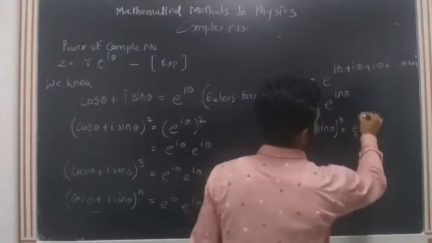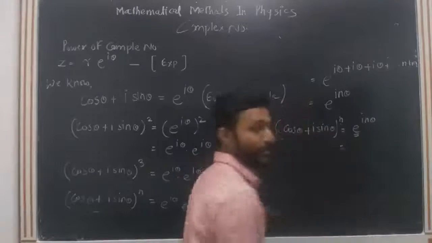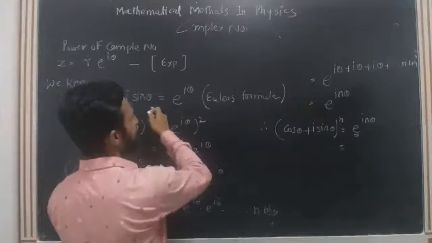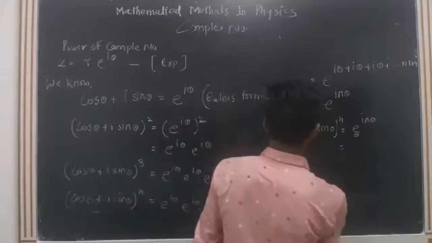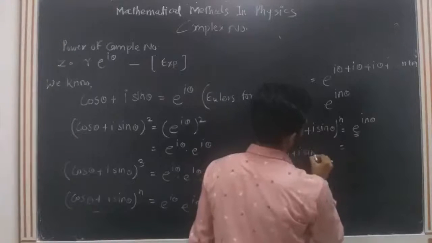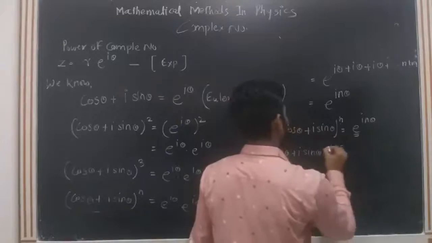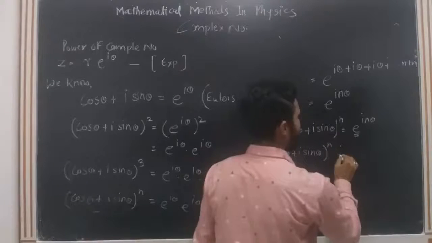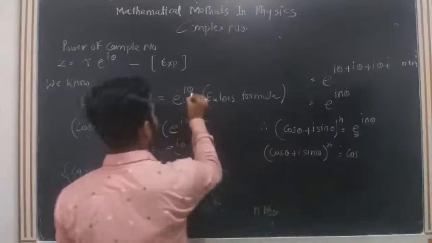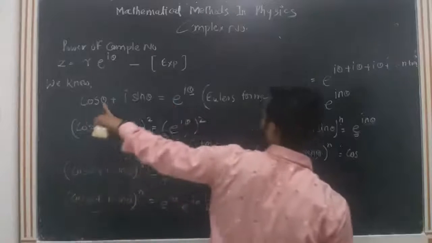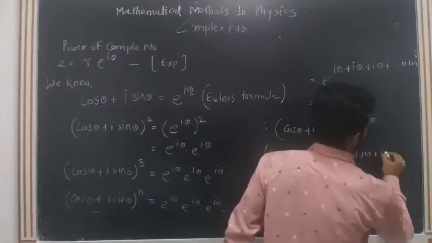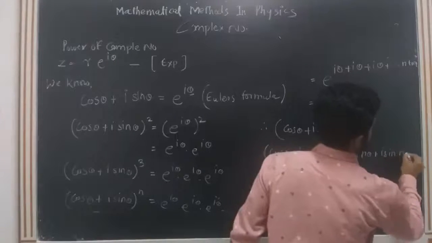And we know from Euler's formula, e raised to i theta is nothing but cos theta plus i sin theta. Therefore, (cos theta plus i sin theta) raised to the power n equal to cos, instead of theta we write n theta, so cos n theta plus i sin n theta.